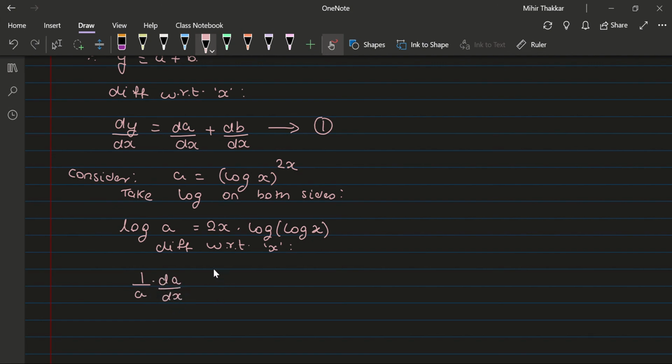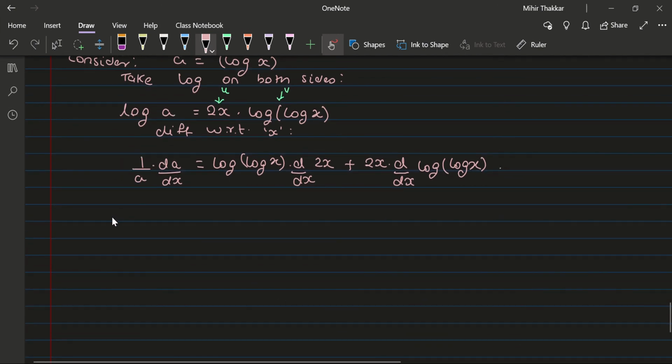And on the right hand side, as usual, the first term is taken as u and the second entire term is taken as v. So when I differentiate this, v into derivative of u, so this is log of log x into derivative of 2x, plus 2x into derivative of log of log x.